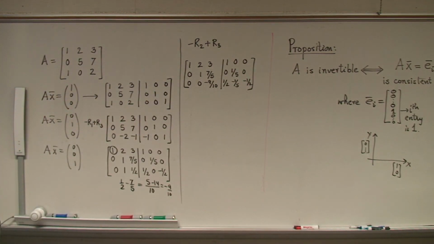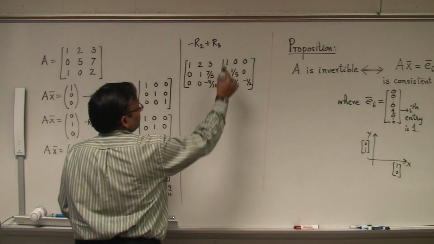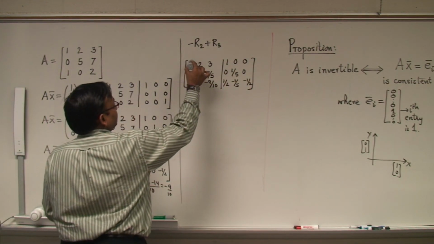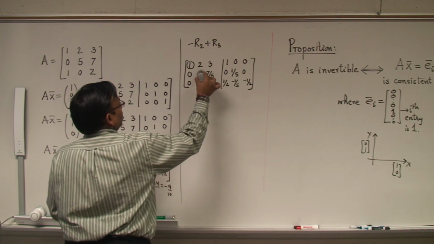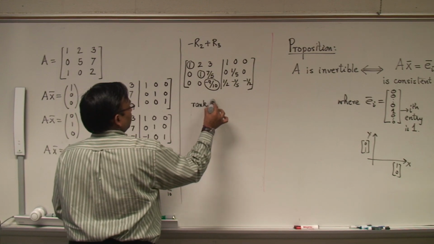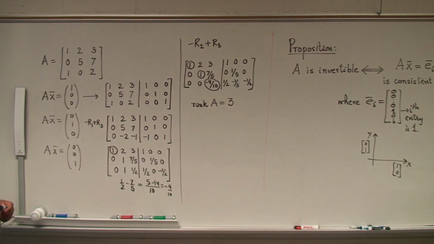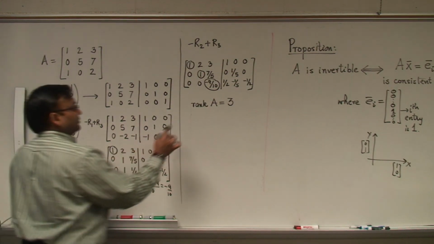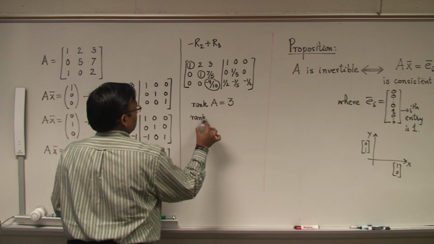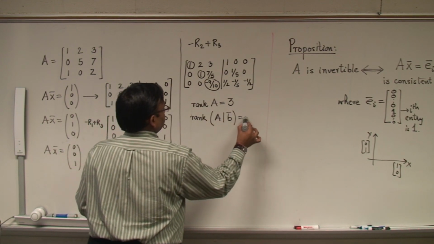Okay. Now at this stage, if the question was asked to us, will this system have solutions for all the possible right-hand sides that I have listed here? The answer is yes, because if you look at this, I have rank of the coefficient matrix as 3. If the rank is 3, that means the rank of the augmented matrix in this particular scenario for any right-hand side will also be 3.